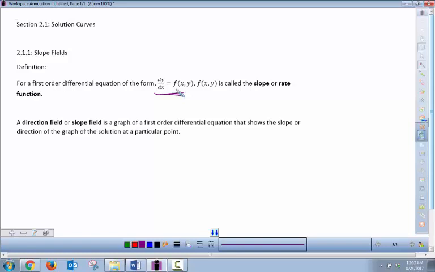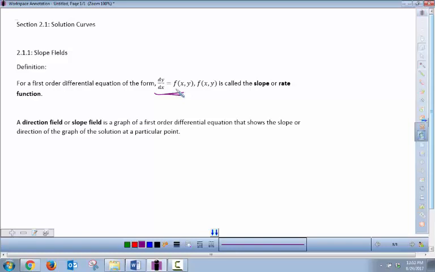So we are focused on one type of differential equation from all that we classified before. The idea behind a slope field or direction field is to get a picture of how the curves might begin to look.